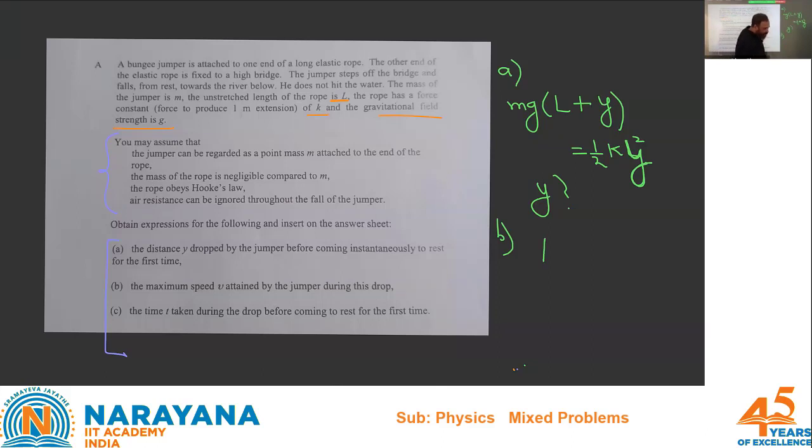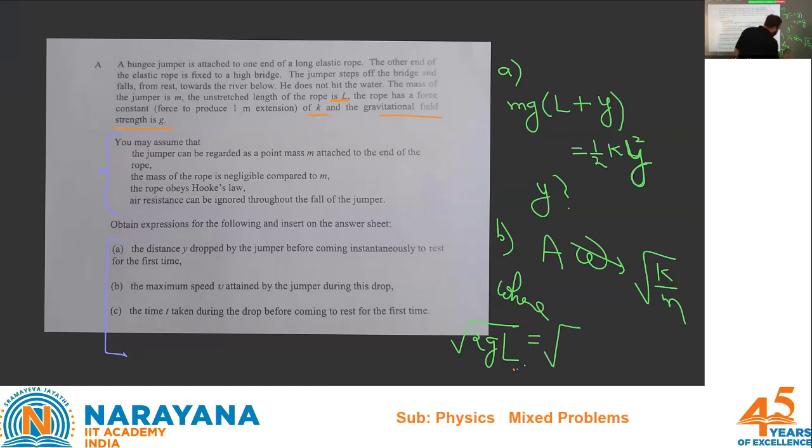Directly I could have written A omega. I'll write this answer. Omega is simply root K by M. Now my only concern is the value of A. So if I look into A, the velocity root of 2gL, which would have come while you have dropped L, should be equal to omega, which is root K by M, into root of amplitude square minus distance from the mean position, and that is mg by K, the whole square.